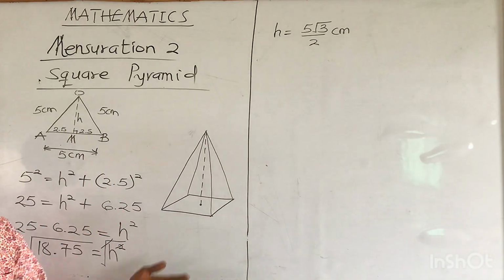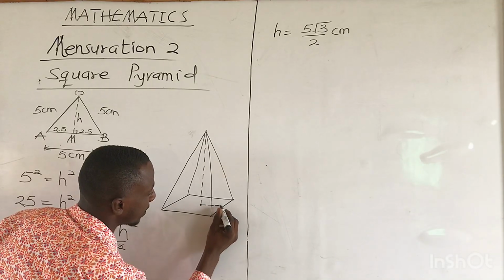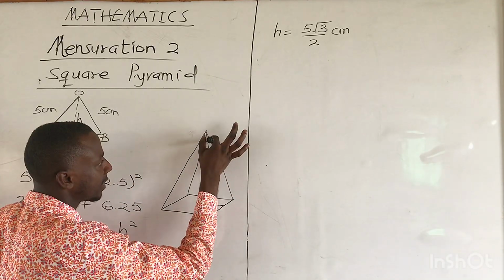Okay, so initially this was the sketch. Then we have the short dashes here, and another short dashes here.